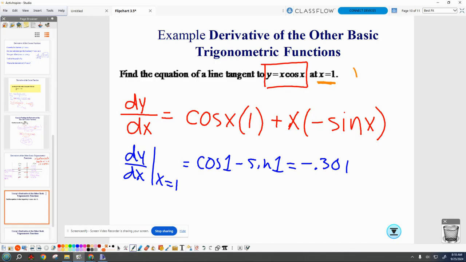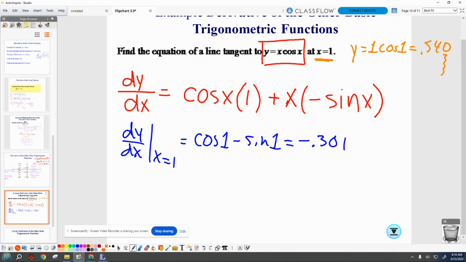Okay, so the point is 1, cosine of 1. Cosine of 1 is 0.540. Complete with that third decimal. Okay, so the tangent line: y minus the y value equals slope times x minus the x value.